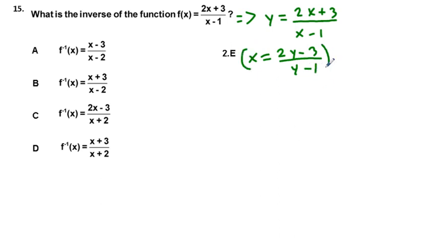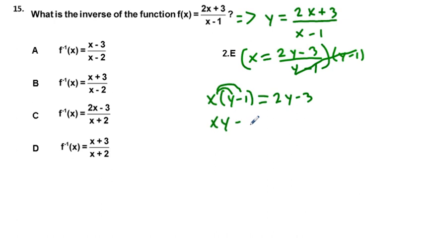Then we multiply both sides of this equation by y minus 1. On the left we have x times quantity y minus 1. And on the right, y minus 1 over y minus 1 cancel each other, so we have 2y minus 3. Now on the left side we can distribute x to both terms. We have xy minus x equals 2y minus 3.